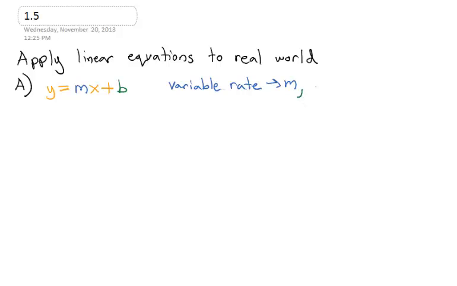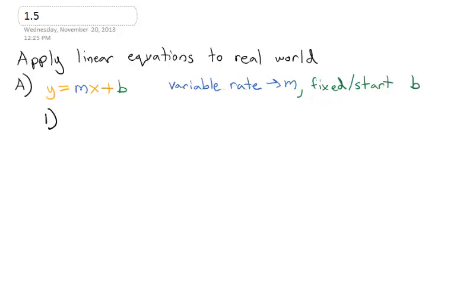The other thing we need to find is the fixed cost, or the starting value in the problem, and that's going to be our b, or the y-intercept. So we're just going to take a look at a couple examples today and see if we can identify the variable rate, the fixed and starting rate, and use that to make predictions, conclusions, and whatnot.